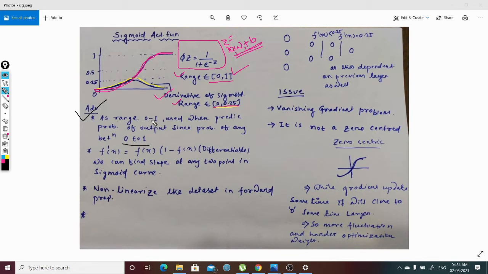Why do we need a probability? Since the probability of any value occurring is between 0 and 1, and the sigmoid function gives that range, we can use it when we need to classify predictions.